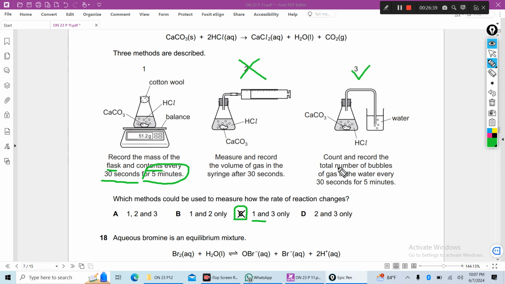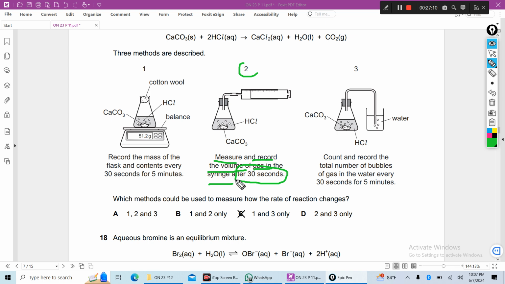Why? Count and record the total number of bubbles of gas in the water every 30 seconds for 5 minutes. For 5 minutes you count the number of bubbles. But 2 is wrong. Why? Because measure and record the volume of gas in the syringe after 30 seconds.